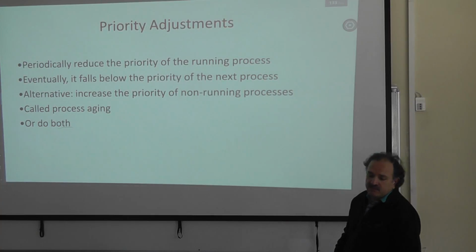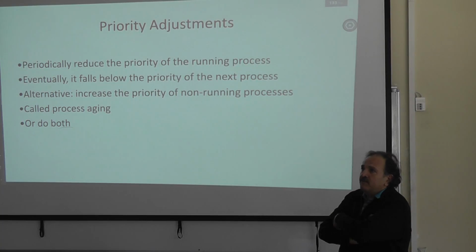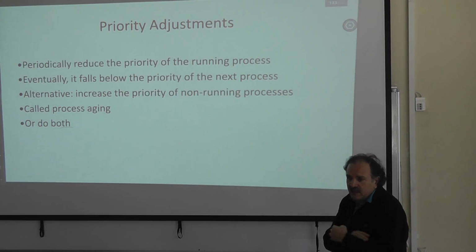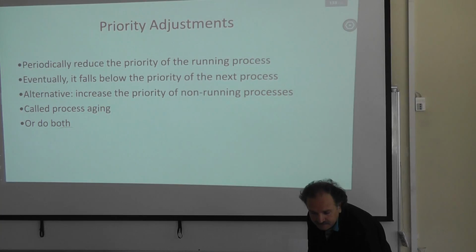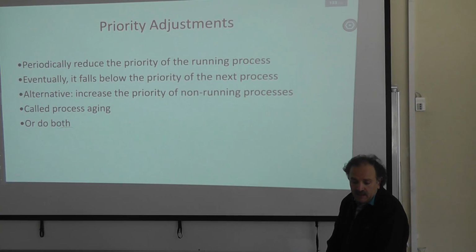There are other solutions. When you implement priority scheduling, you don't keep your priorities fixed for all the processes all the time. You should change them as the process is executed. Because if you keep the priorities the same all the time, you will run into those kinds of problems, like priority inversion, or the highest priority job gets the CPU and the others don't get it.